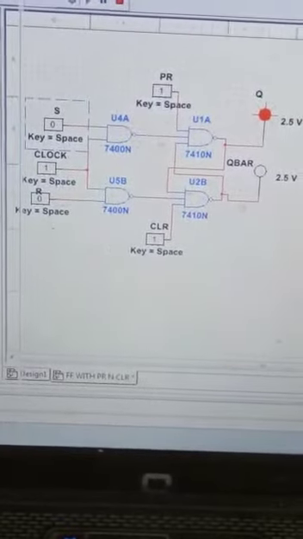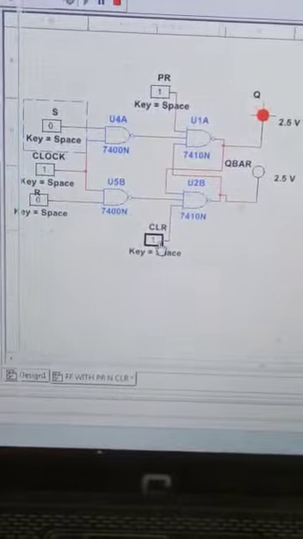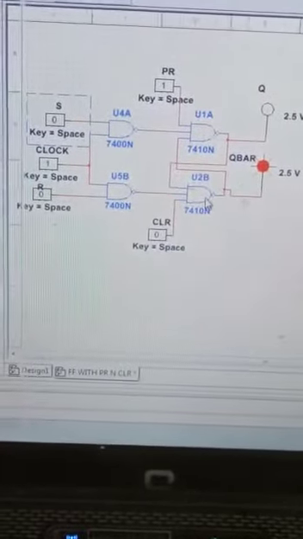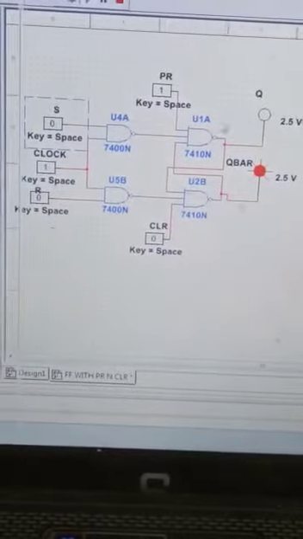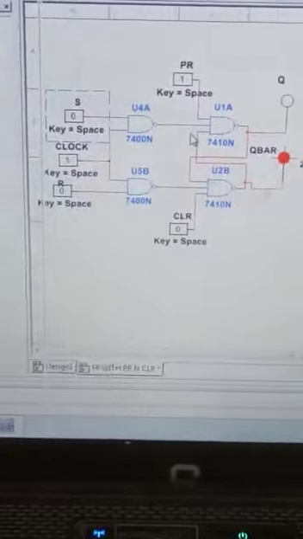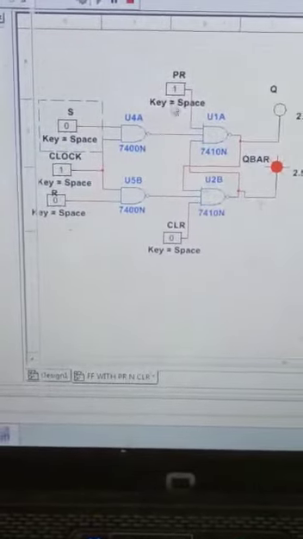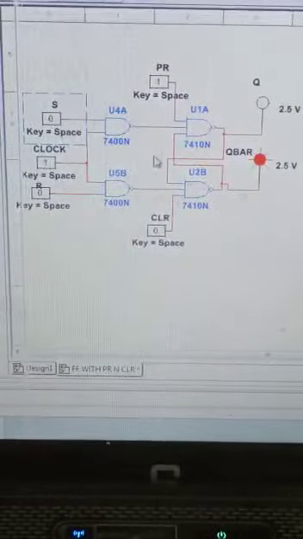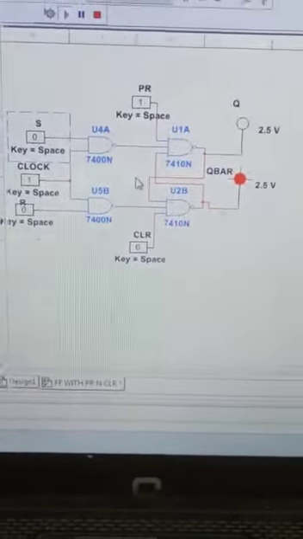And if I make clear 0, it will clear the flip-flop. Okay, whether clock is 0 or 1, that does not bother these two inputs. But remember here, preset and clear at the same time you cannot make 0.